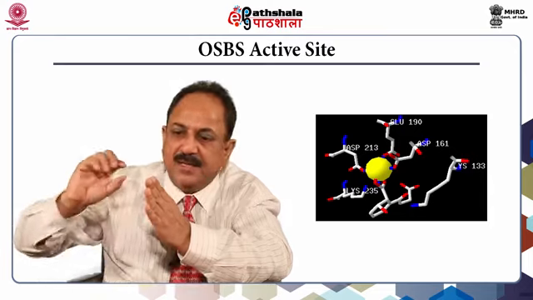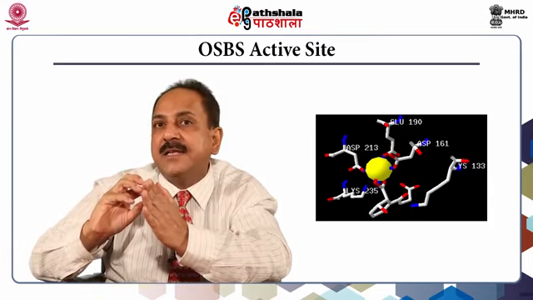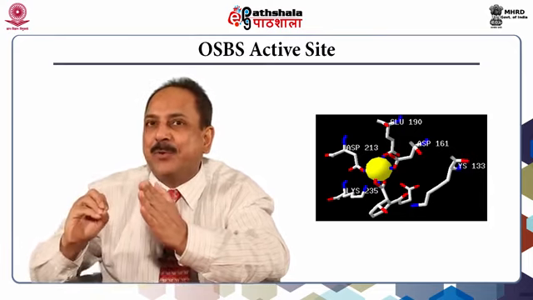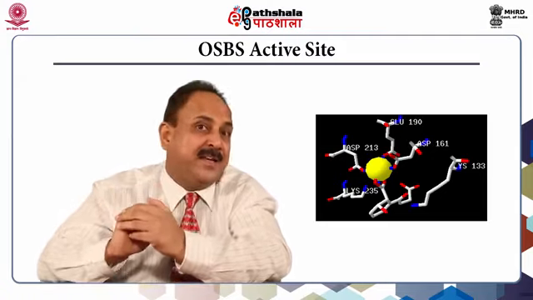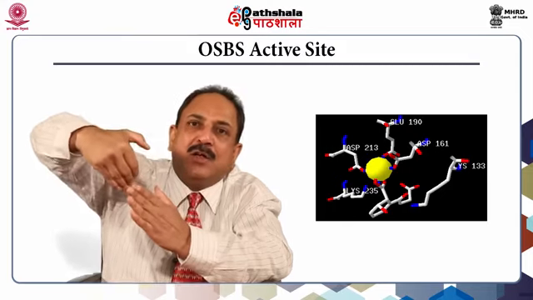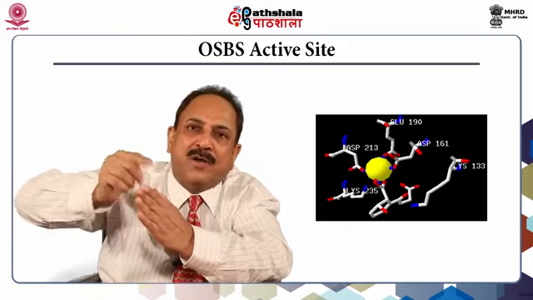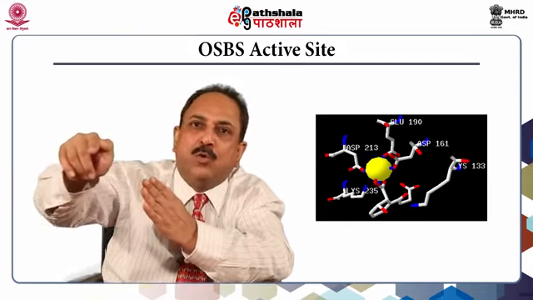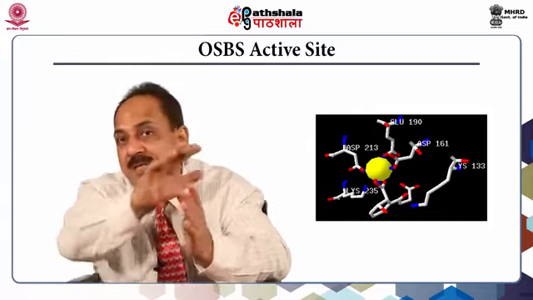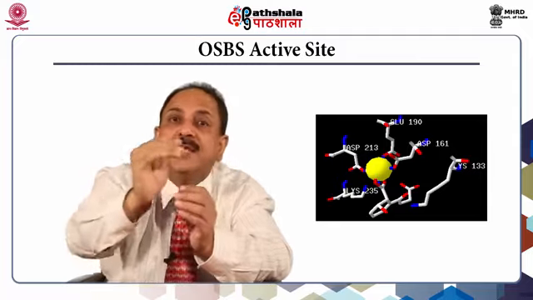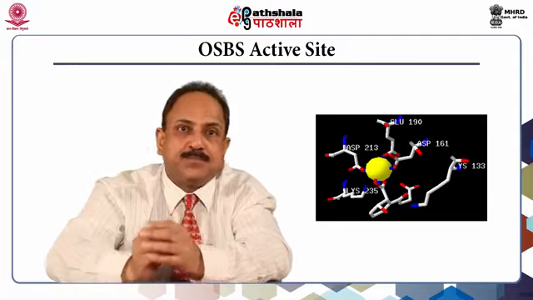From this side, lysine 133 abstracts a proton so that a negative charge, that is an enolate anion, is formed, and this then goes to form a double bond, wherein the double bond in the carboxyl group breaks, and then lysine 235 helps in breaking that, and therefore the charge is distributed here.